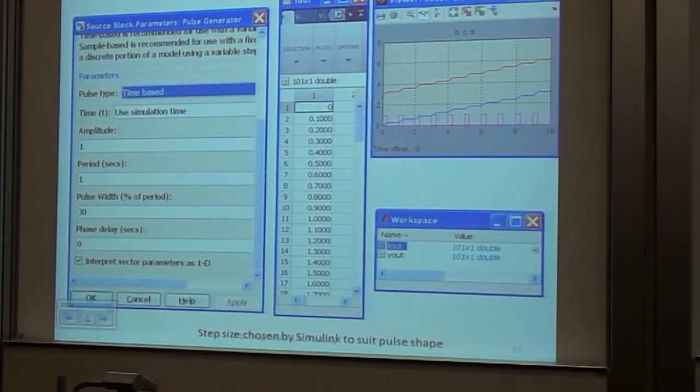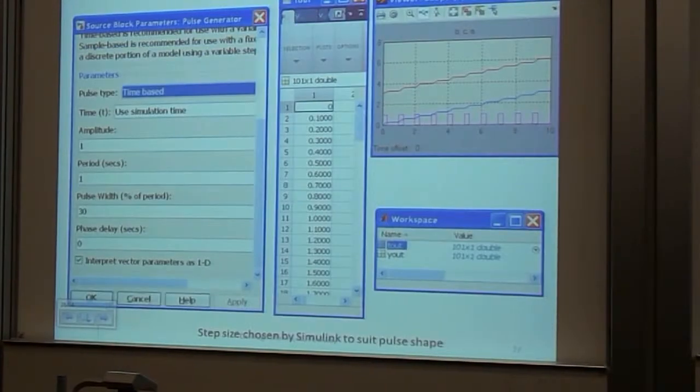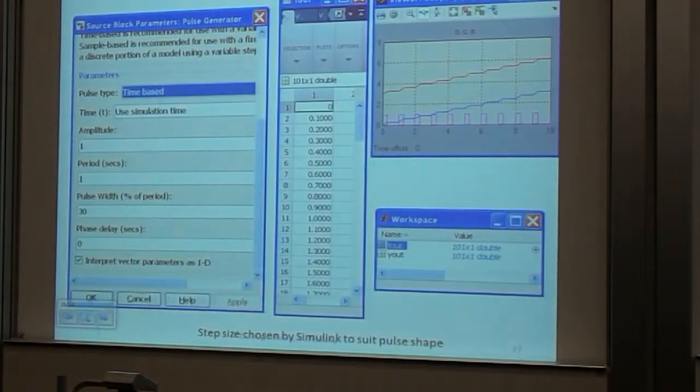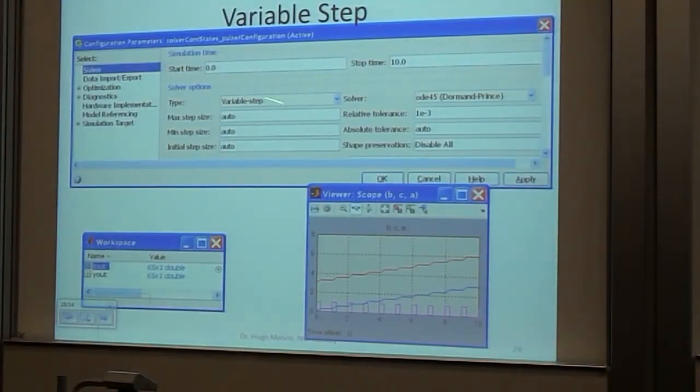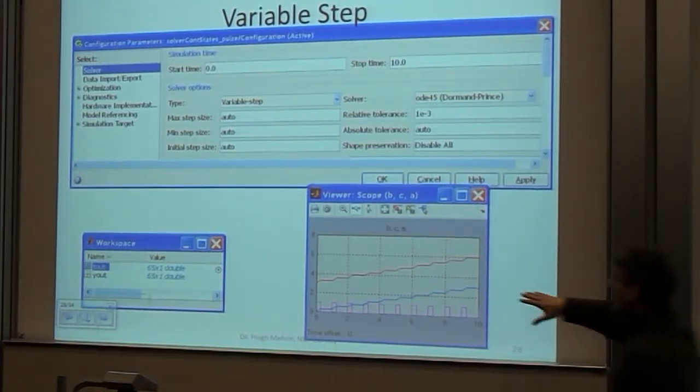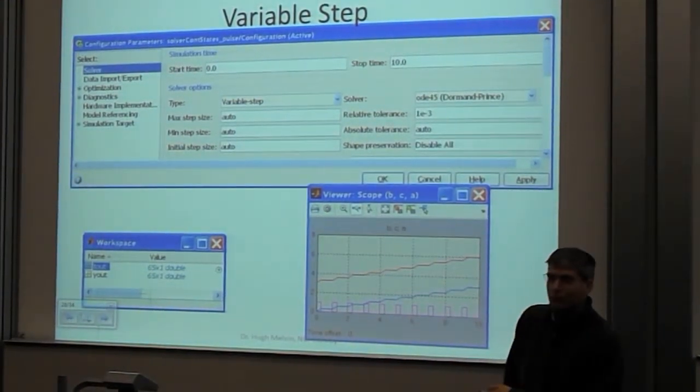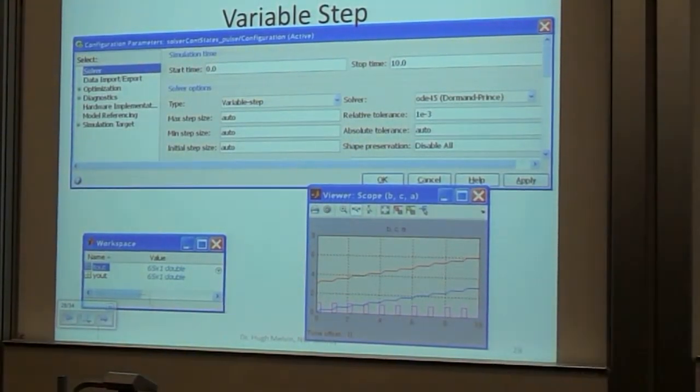And I'll finish off finally with this one. Here is the very same model, except this time I'm setting a variable step solver. So you can see it's variable step solver, ODE45, and when you run the model, it looks the very same here, but as you can see the output vector is 65.